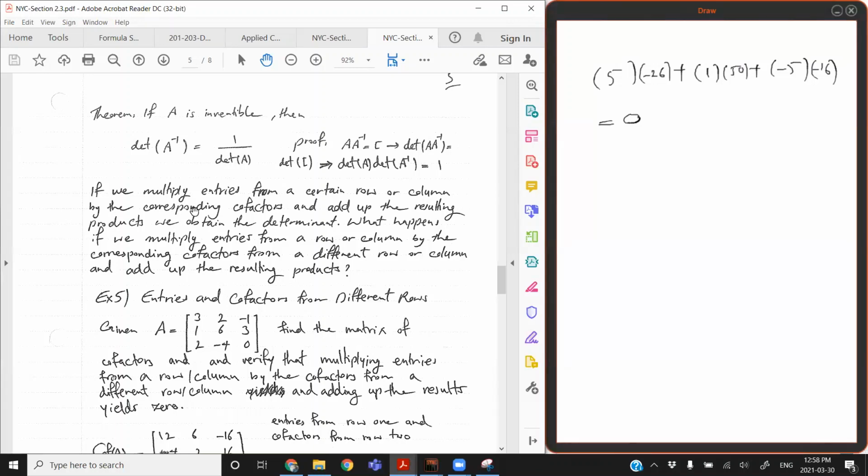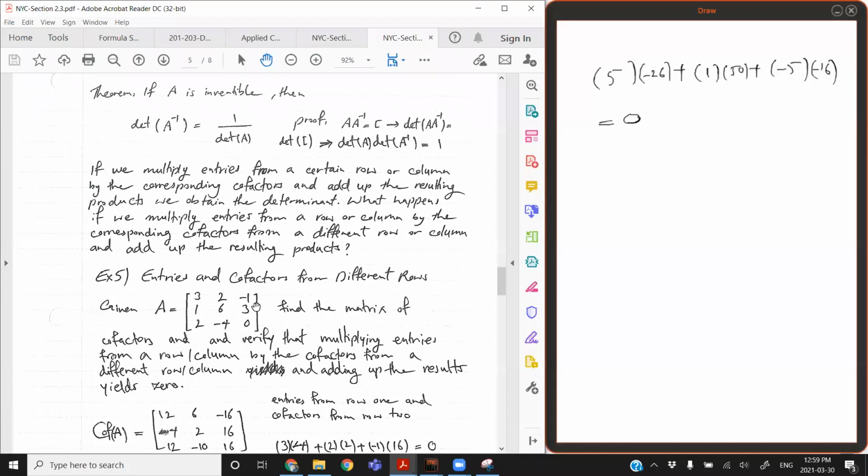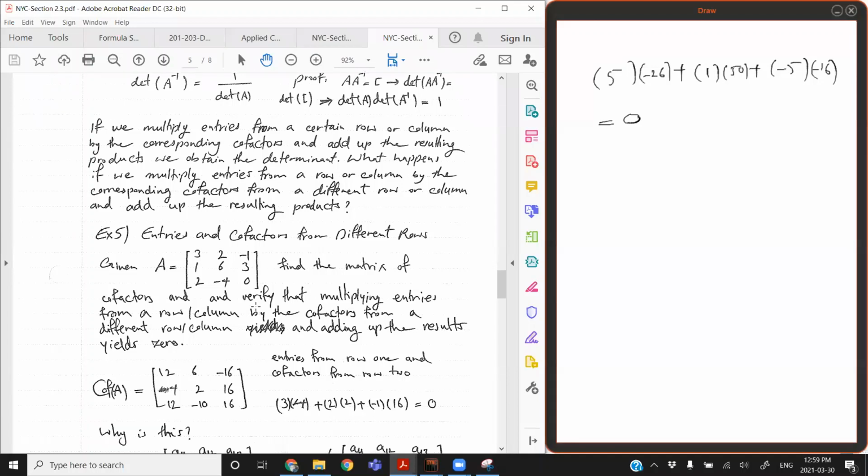So if we multiply entries from a certain row or column by the corresponding cofactors and add up the resulting products, we obtain the determinant. What happens if we multiply entries from a row or column by the corresponding cofactors from a different row or column and add up? As we just saw, the result is going to be 0.